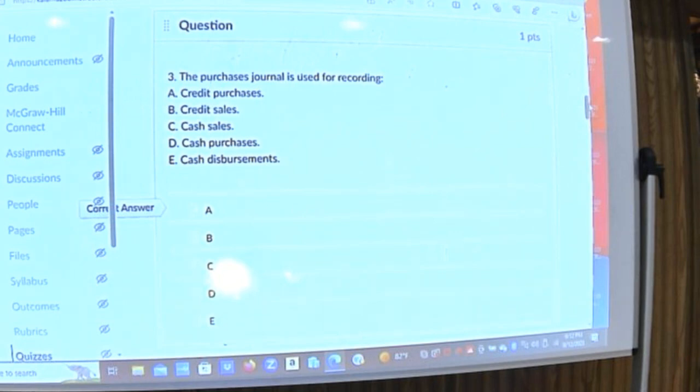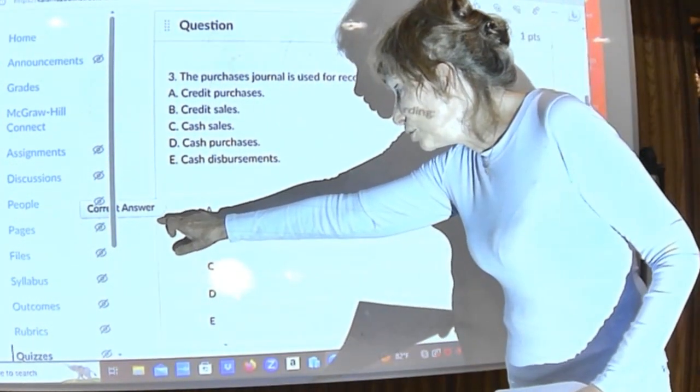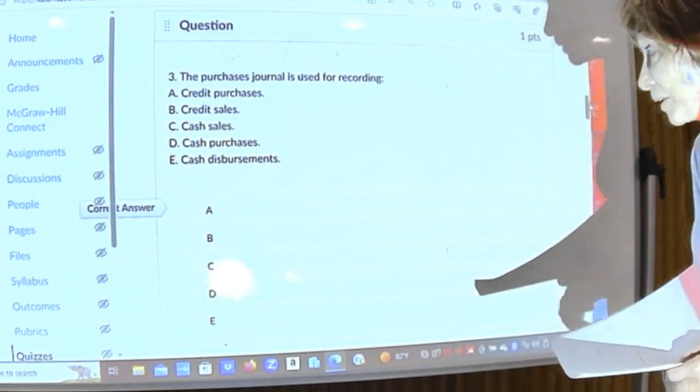Question 3. The purchases journal is used for recording credit purchases. Okay, so that's your first response right up here, and right at the edge of your screen you can see it's marked as well.